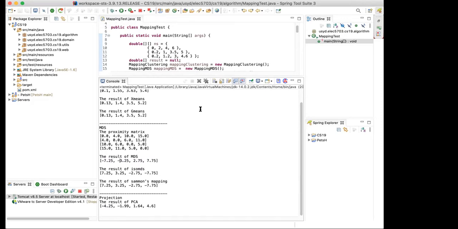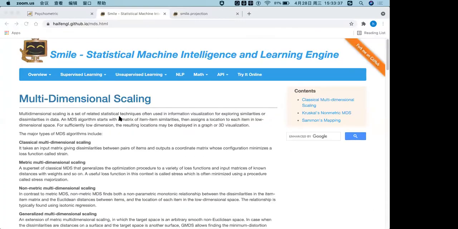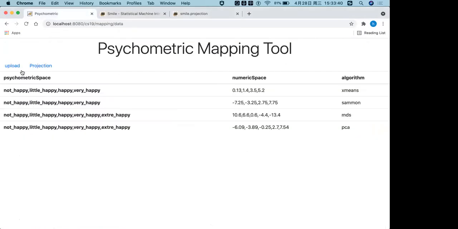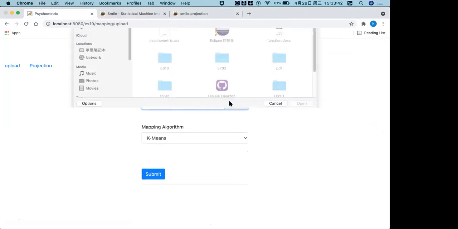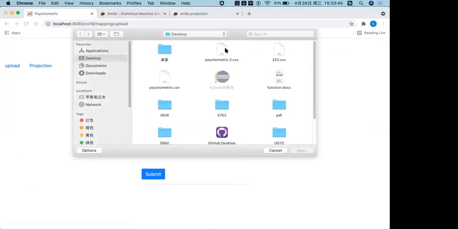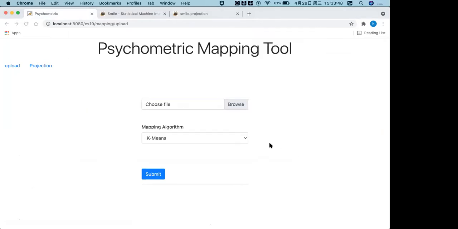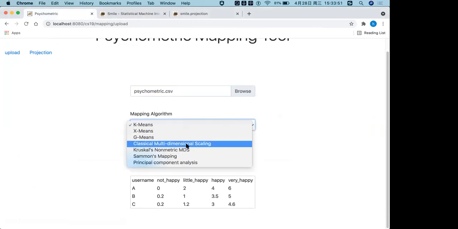Okay, how can you show the interface? First upload, and then you can choose what algorithm you want to implement.